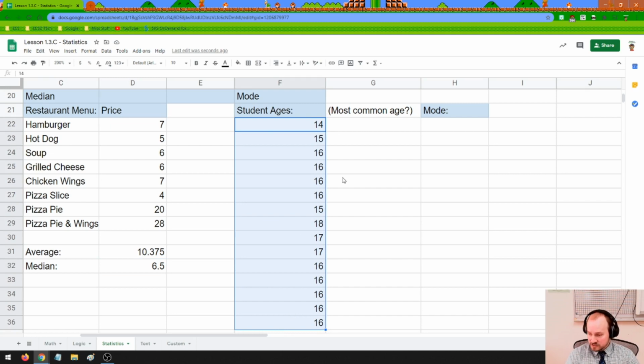So in here, just looking at it, you can say, oh, that's probably 16. Let's say these are my student ages, the ages of all my students in my class, and I'm wondering, what's the most common age for my students? Because if it's 16 or 17, maybe I want to start teaching them about car ownership or when you start to drive.